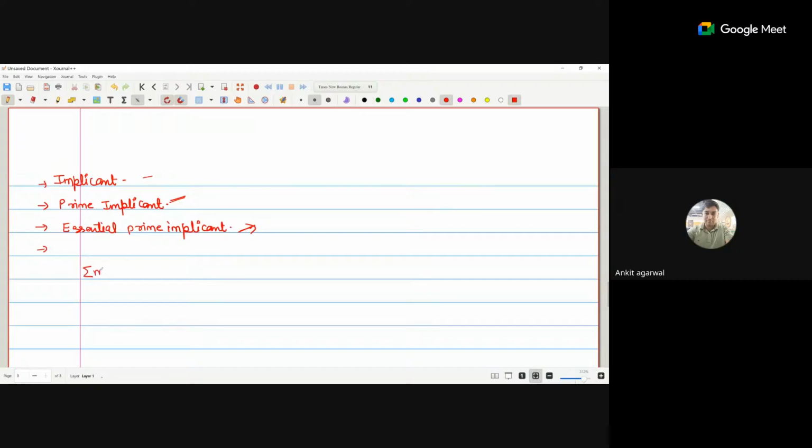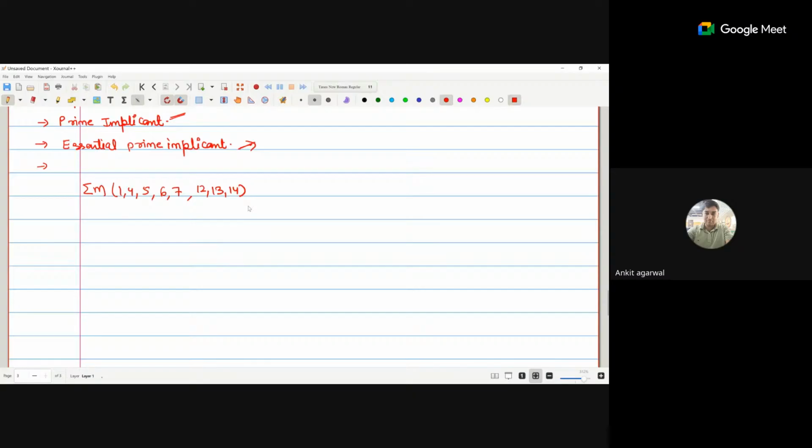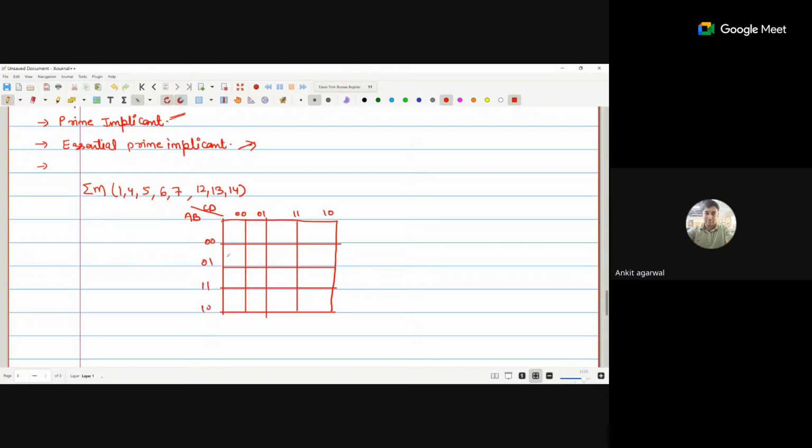For example, we say that sigma m of 1, 4, 5, 6, 7, 8, 9, 11, 12, 13, 14. Now I represent that in the K-map with A, B, C, D.